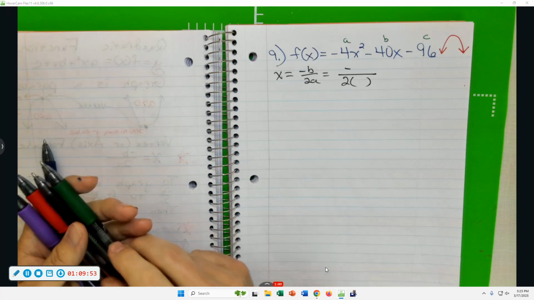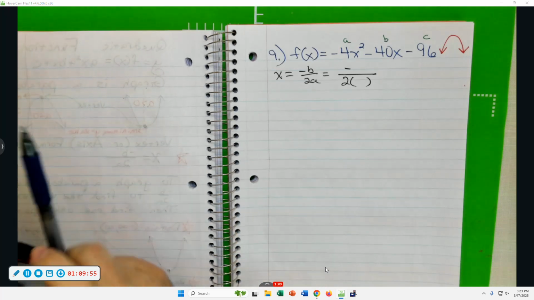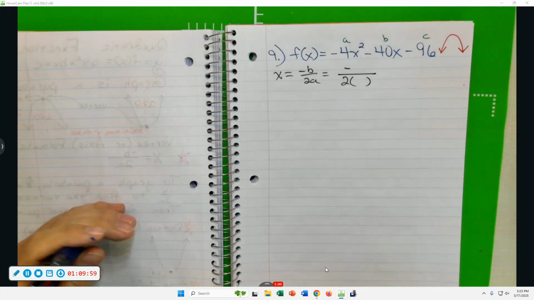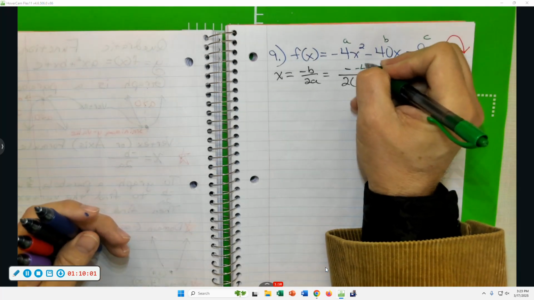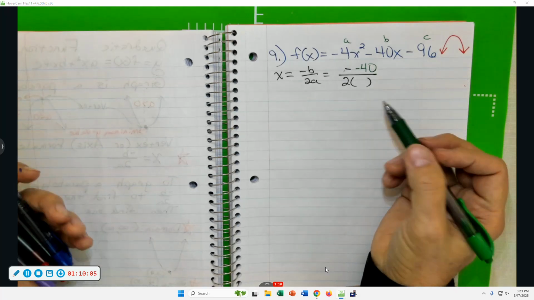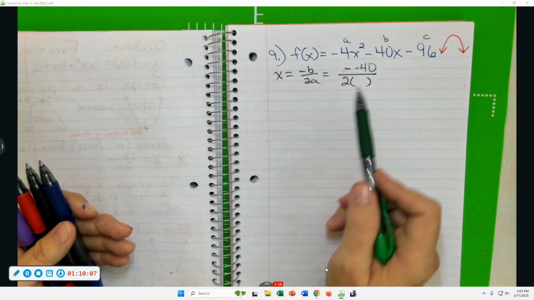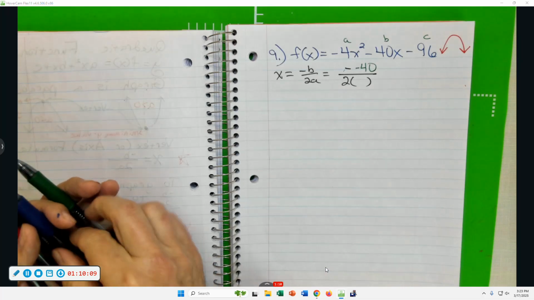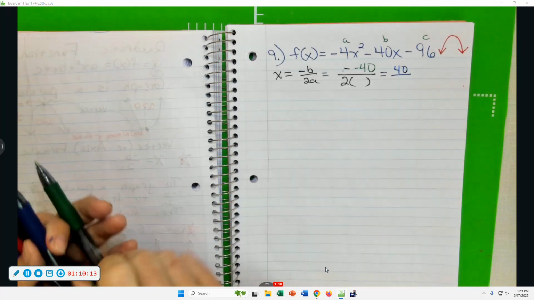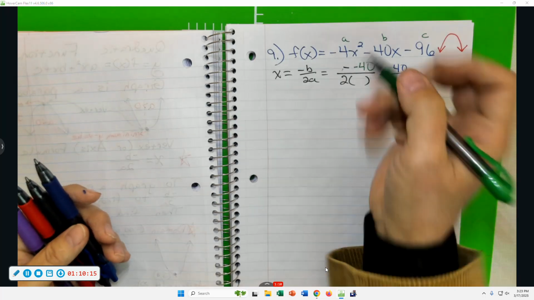What's b? So it's a negative 40, and once you apply the double negatives, the opposite of negative becomes a positive 40, which is what you said. What are we going to have down here? A negative 4, I agree.